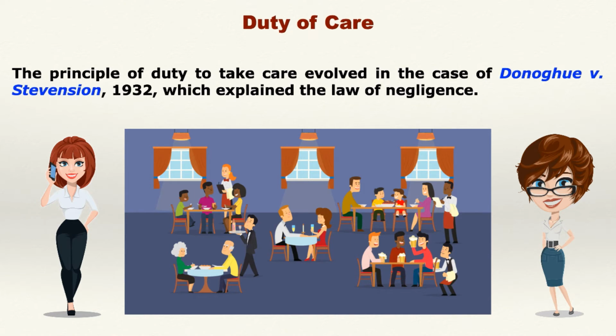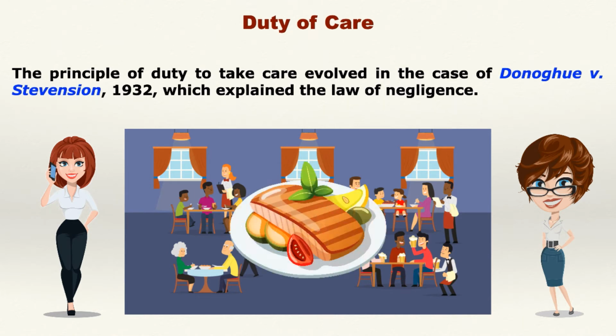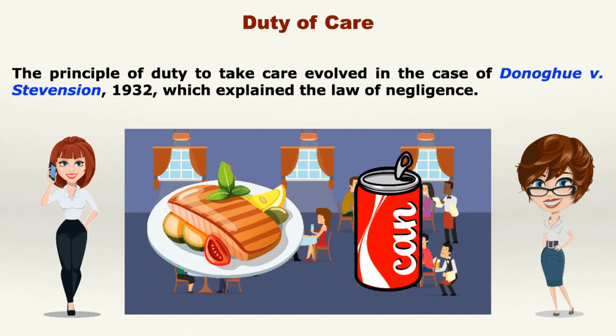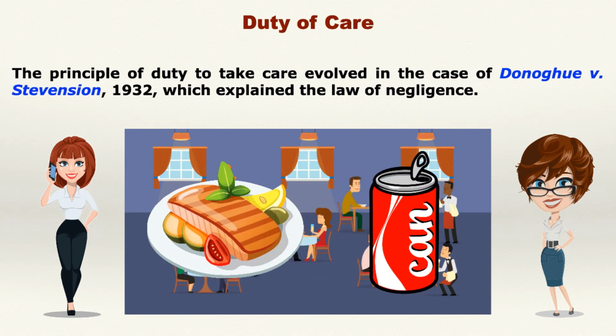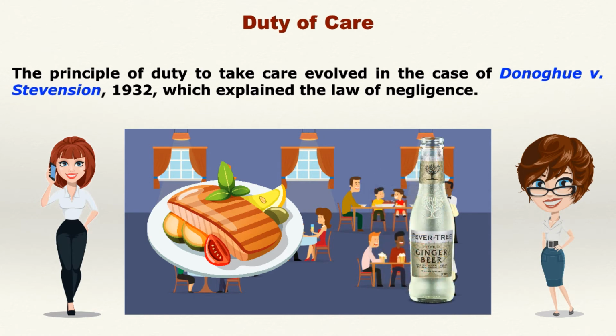After going into the restaurant, she was offered some snacks and a soft drink. In the ginger beer, one of the drinks that she had been offered, she found a decomposed snail.